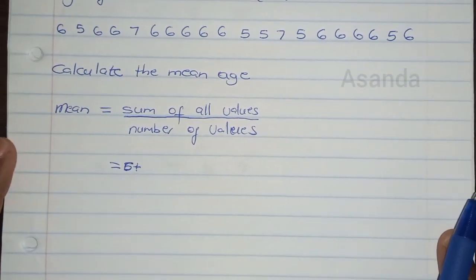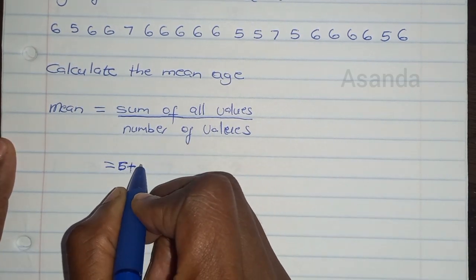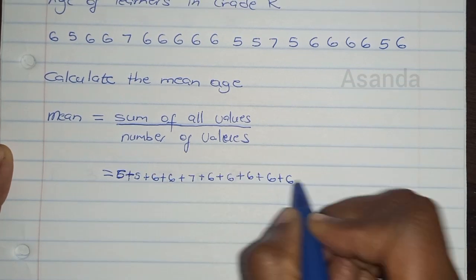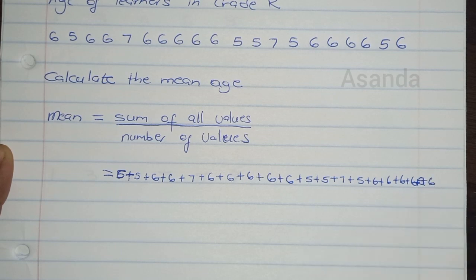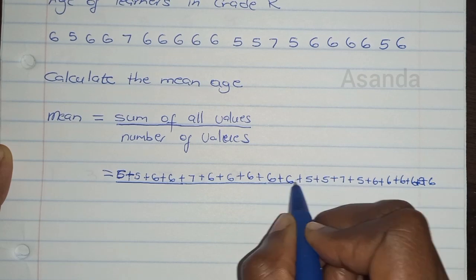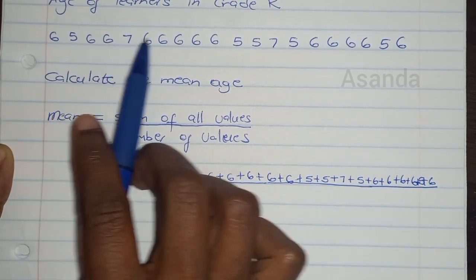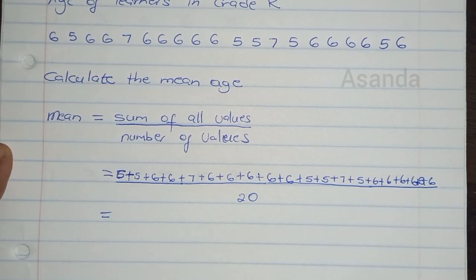So what we're going to do is add by saying 6 plus 5 plus 6, so that you're doing all of it correctly, plus 5 plus another 6. And then we divide by counting all of them, and there is 20, and we get the answer.